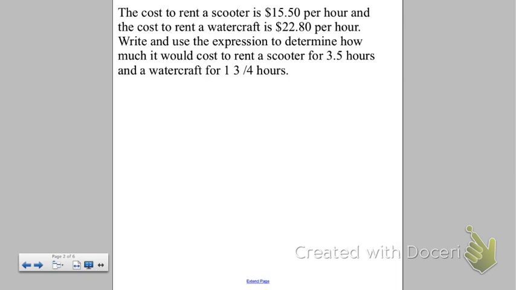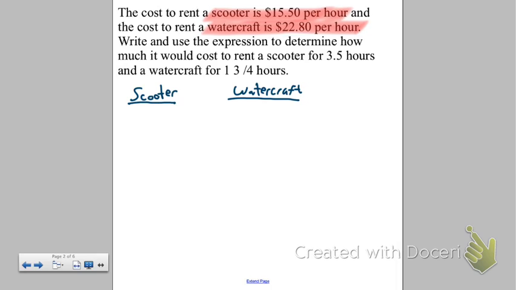So I'm going to highlight some key information. A scooter is $15.50 per hour. A watercraft is $22.80 per hour. So I'm going to have to write an expression for both the scooter and the watercraft.